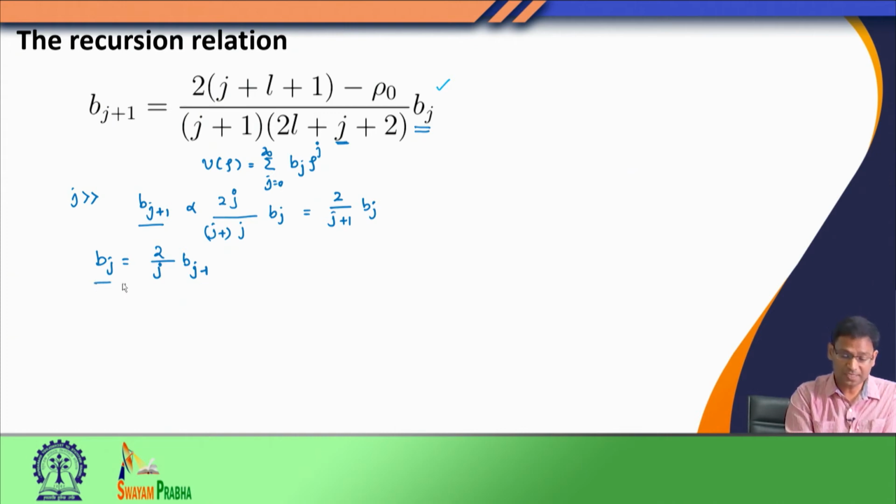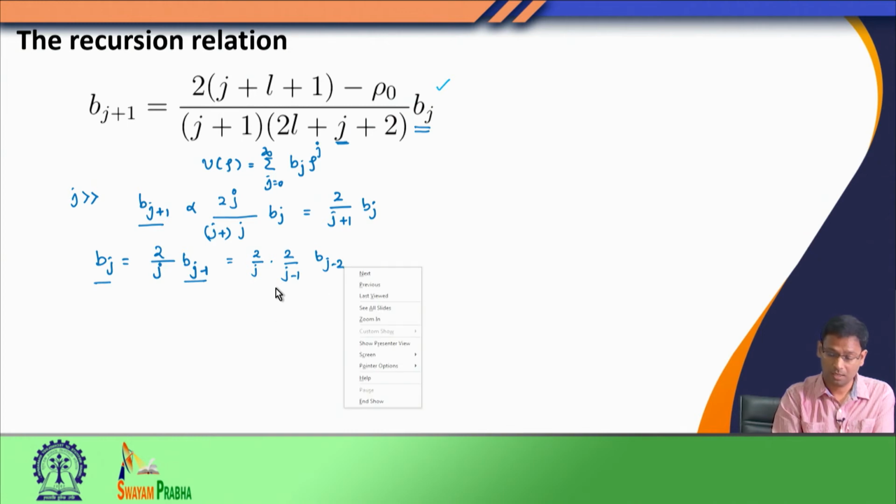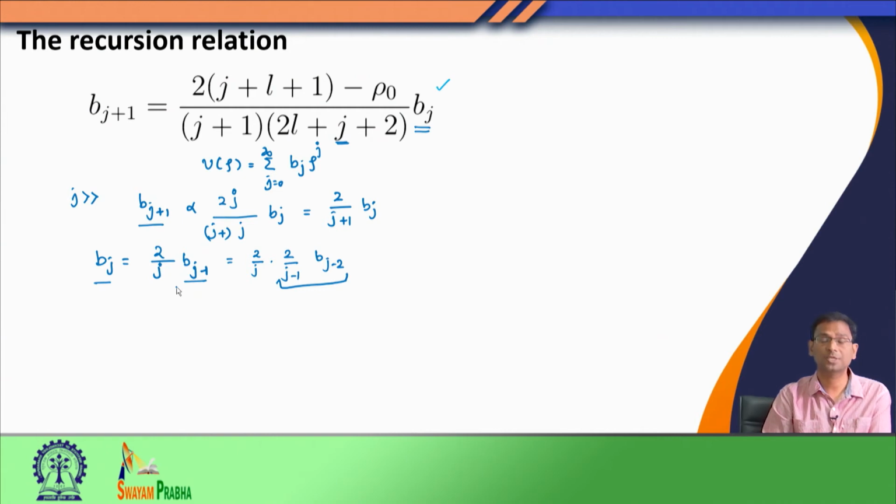You see, Bj is expressed in terms of Bj minus 1, but I know I can express Bj minus 1 in terms of Bj minus 2. How would I do that? So, I have this term 2 over j, and then I see these two terms are equivalent to Bj minus 1. I am simply using this series.